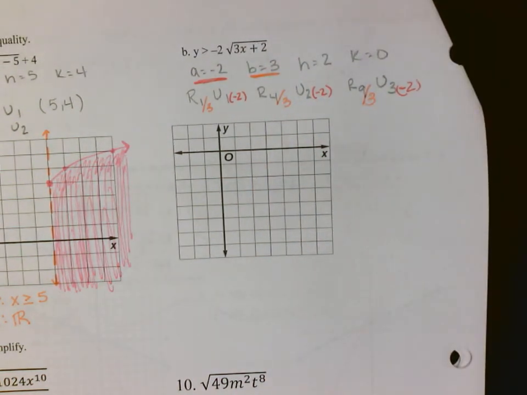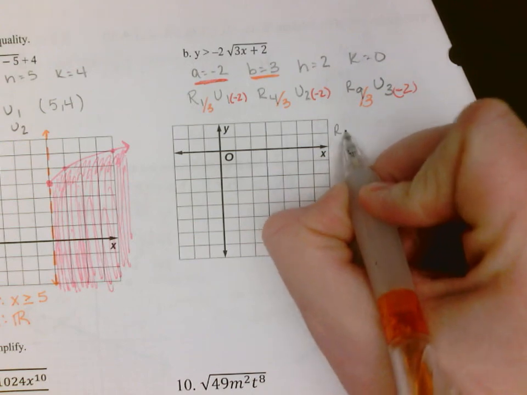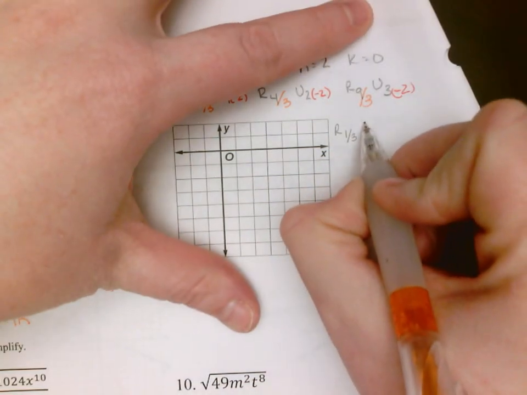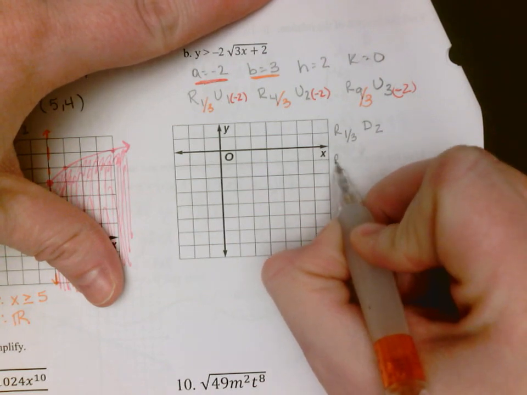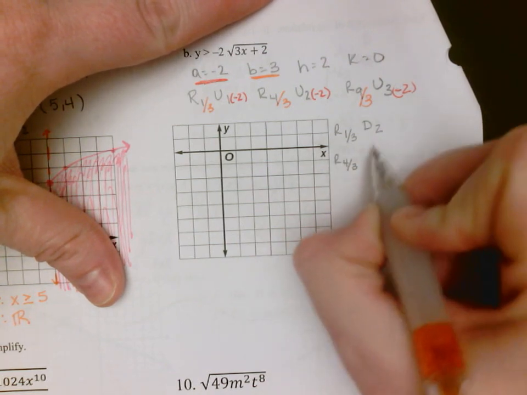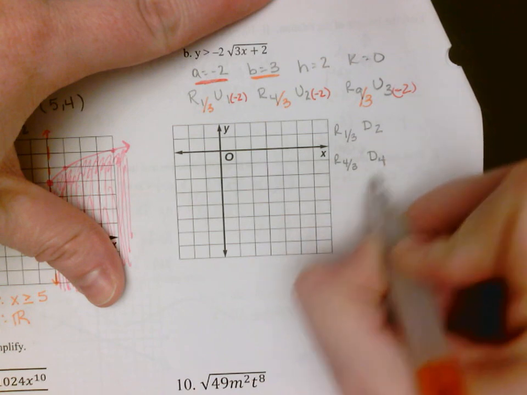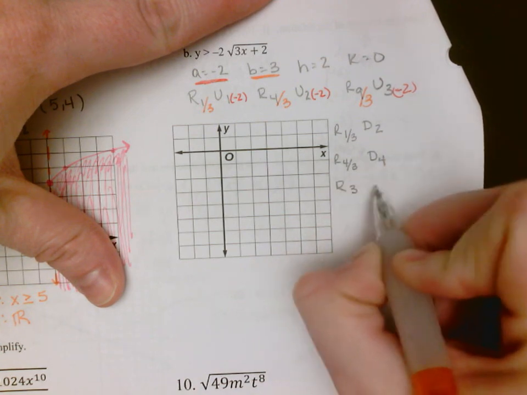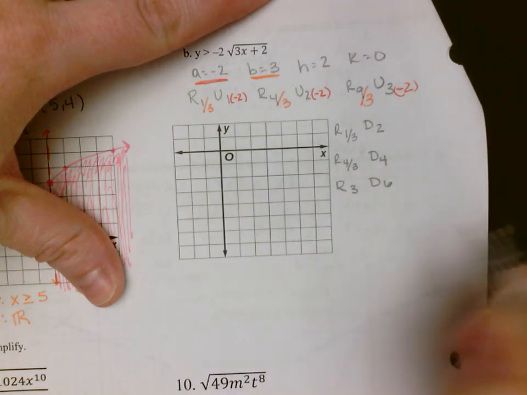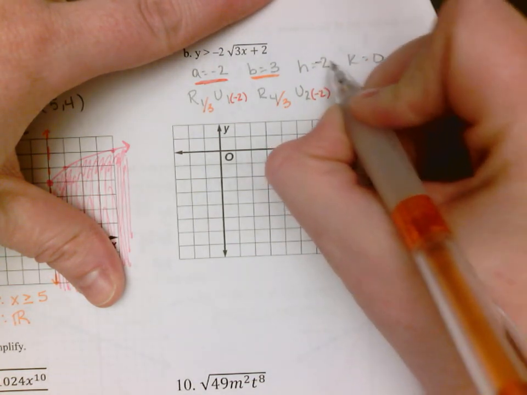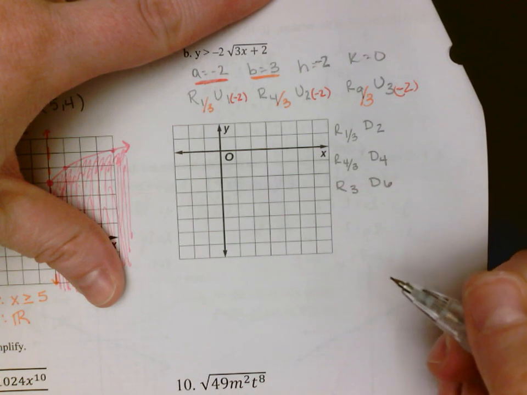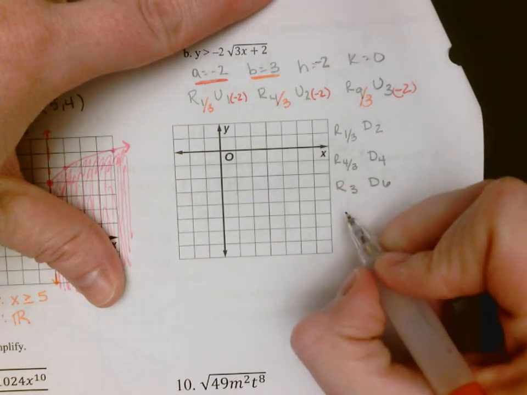So my new rules are right 1/3, down 2, right 4/3, down 4, right 3, down 6. My start point, H is -2 because I screwed up to switch my sign. Glad I got that now before I started graphing.